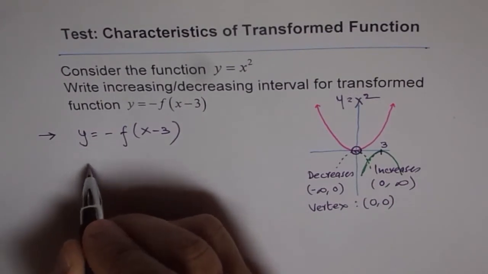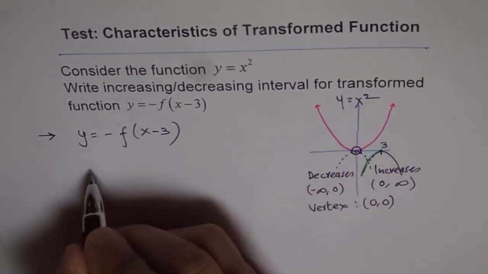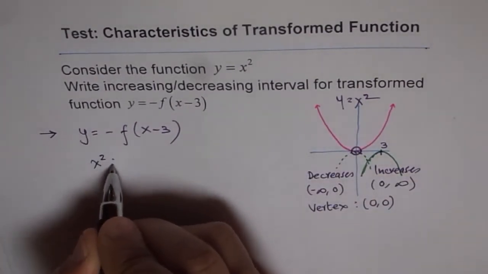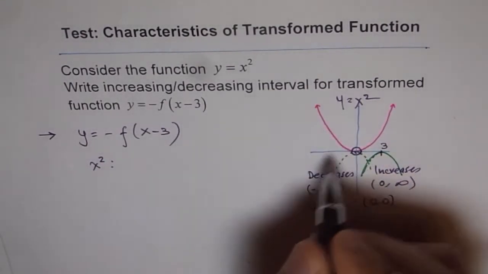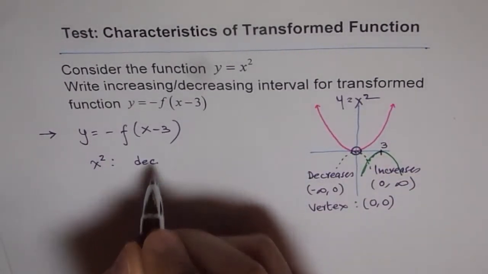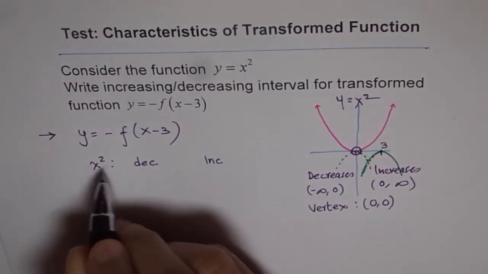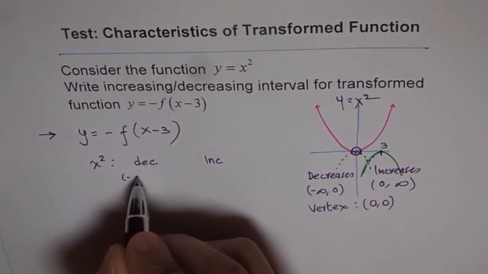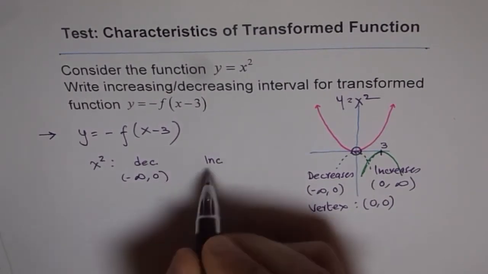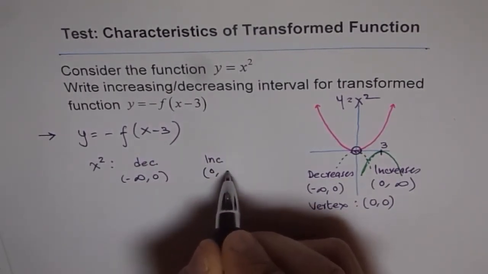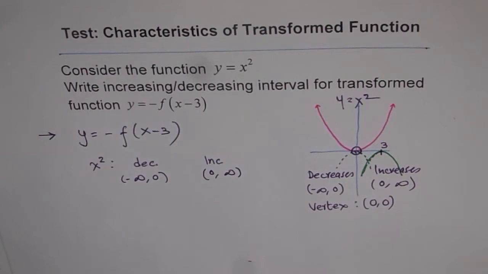The original function is x squared, right? And in x squared we have a decreasing interval and an increasing interval. The decreasing interval for x squared is from minus infinity to 0, and then increasing from 0 to plus infinity.